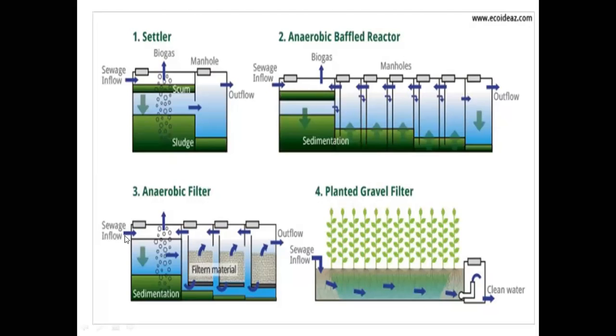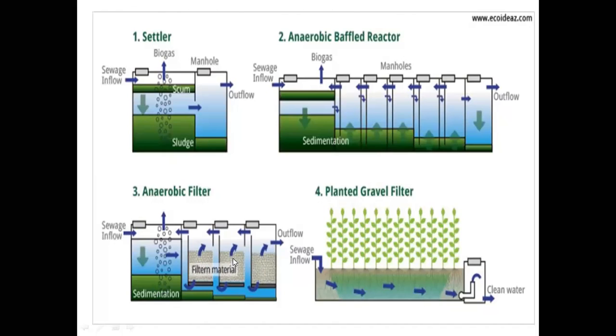Here you can see the sewage inflow, and the water performs sedimentation in the first compartment, and then the sewage is allowed to enter the next compartment from the bottom side, and with the pressure the water has to rise up through the entire filter media.